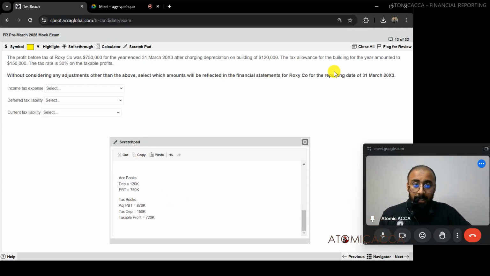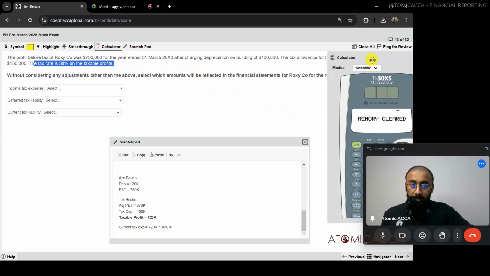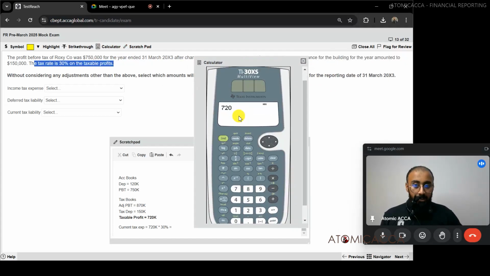First thing, the current tax. Tax rate is 30% on the taxable profits. So what does this mean? That 30% should be calculated on the taxable profit in order to get the current tax expense. So current tax expense will be equal to 720,000 multiplied by 0.3.